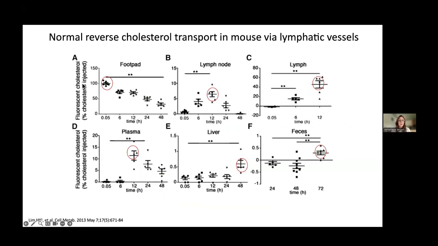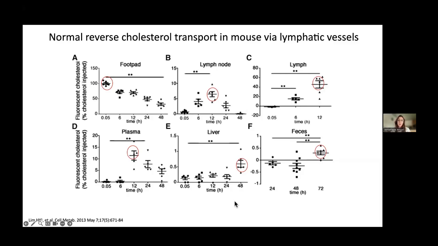As shown here, we can see a progressive clearance from the site of injection, the foot pad, and this cholesterol is then drained into the lymph node, and later on we can track it in the lymph, plasma, liver, and even the feces.